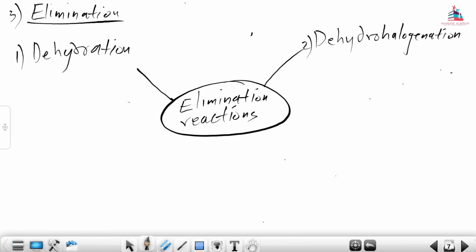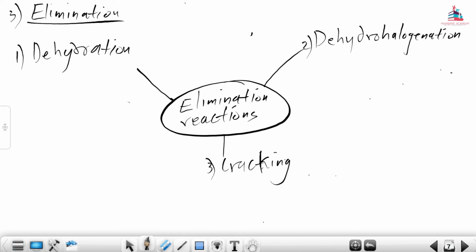And then I'm going to have the last one, which is cracking. So these are now types of elimination reactions. Let's explain each one of them.